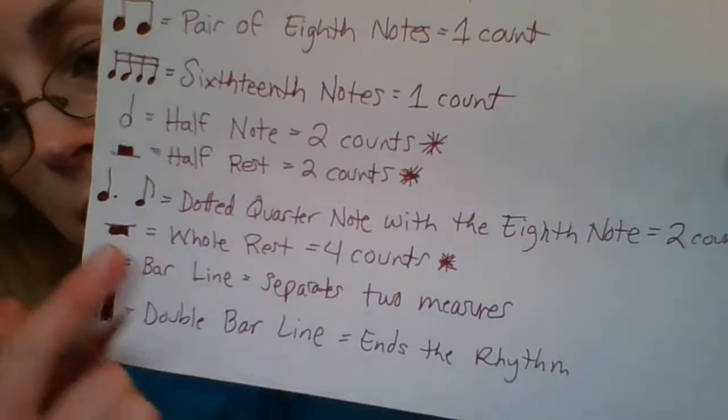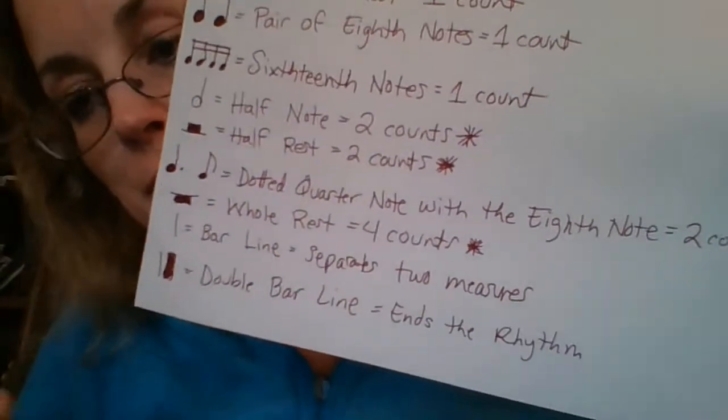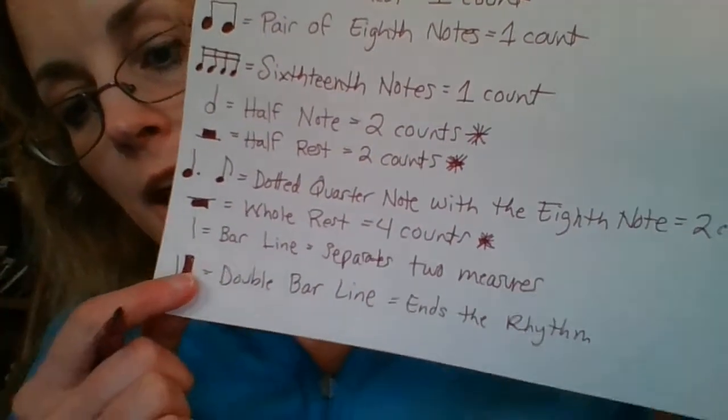Here we have the bar line, and this separates measures from themselves. And this is the double bar line, and it equals the end of the rhythm. So you need to copy all that down.